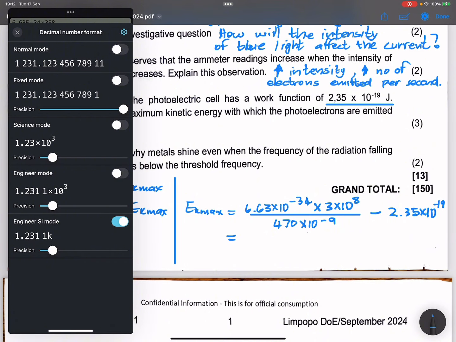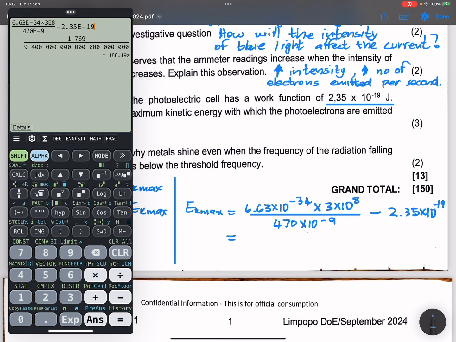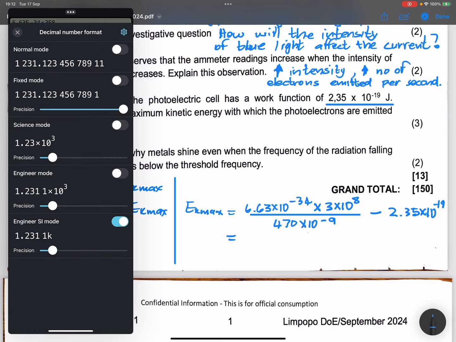Did I do anything incorrect there? We subtracted. The answer that I get there is 1.23 times 10 to the power 3, and remember EK is in joules.